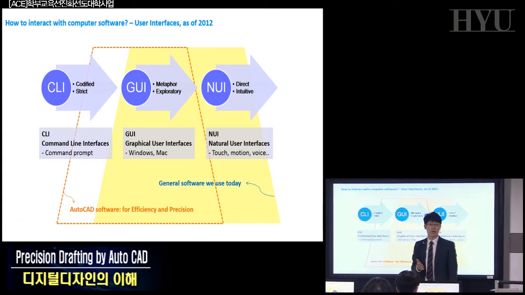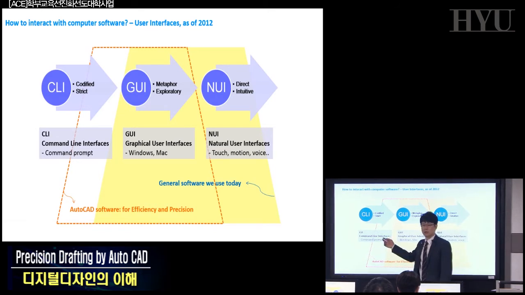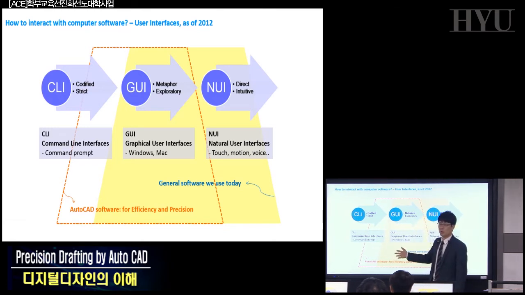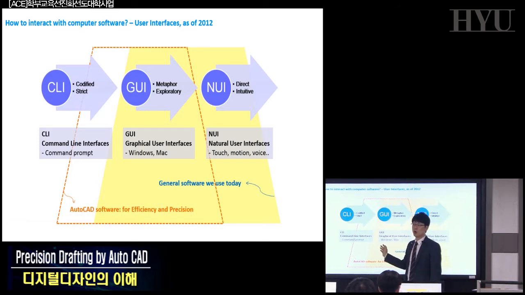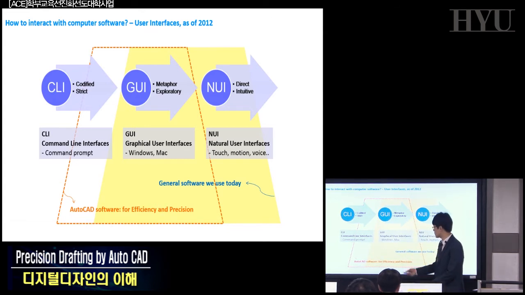Today, in lab exercise hours, we're going to learn how to interact with AutoCAD using commands, okay? But this is not the only way to communicate with AutoCAD. GUI buttons and icons are also available. In other words, there are at least two or more ways to draw something in AutoCAD.